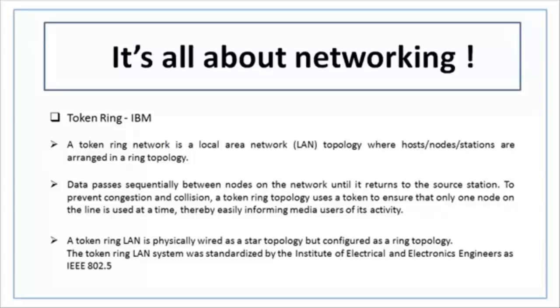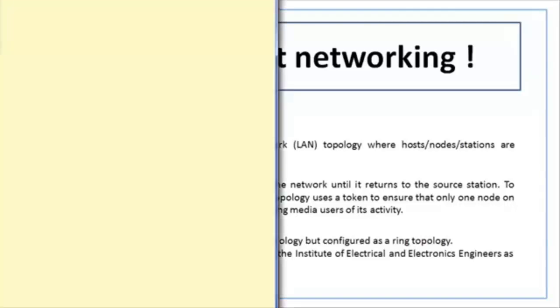So let me bring up the scratchpad and show you how it works. In token ring, let's say we have a PC A, a PC B, C and D. These PCs are arranged in a ring fashion, and that is why it's called token ring.